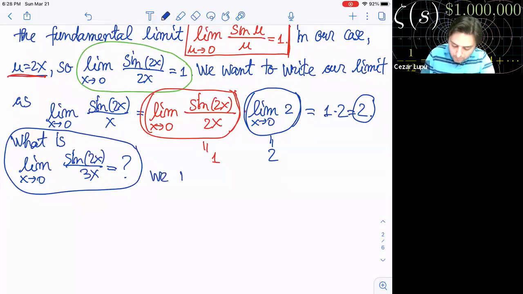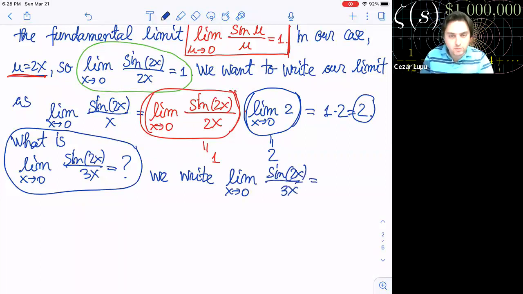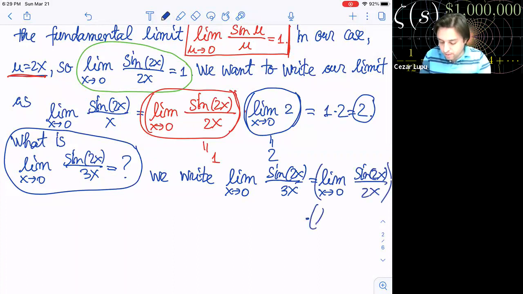So we write the limit as x approaches 0 of sine of 2x over 3x. Let's write it in this way. Just like Eric said, we can write this using the fundamental limit. So this would be the limit as x approaches 0 of sine of 2x over 2x, and now I'm going to multiply by what's left. So I will multiply by what? Can you tell me? By 3x, right?